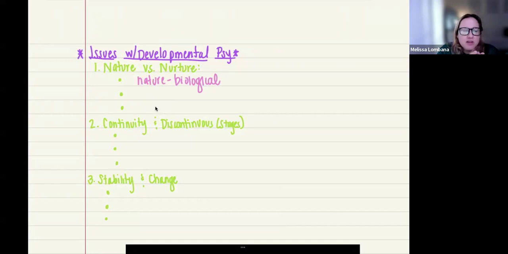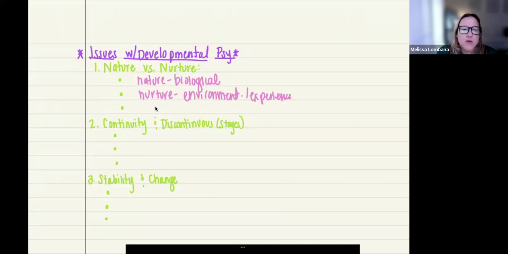And then, how does nature affect the way that we develop? And then, of course, the other one is nurture, and this is our environment, right? Once we're born, how do the environment and our experiences affect our development?